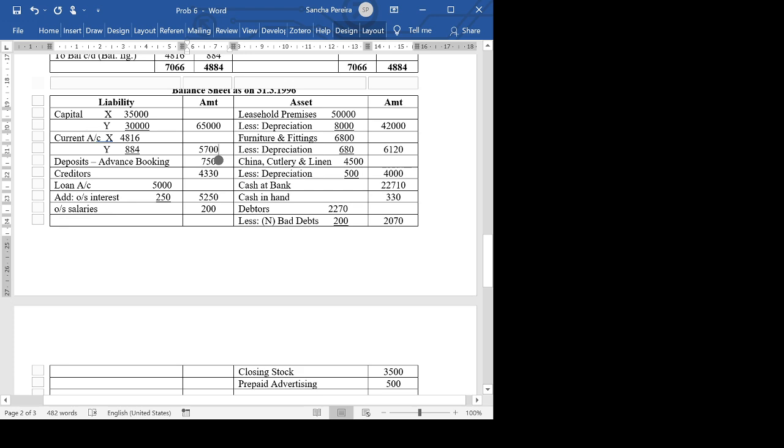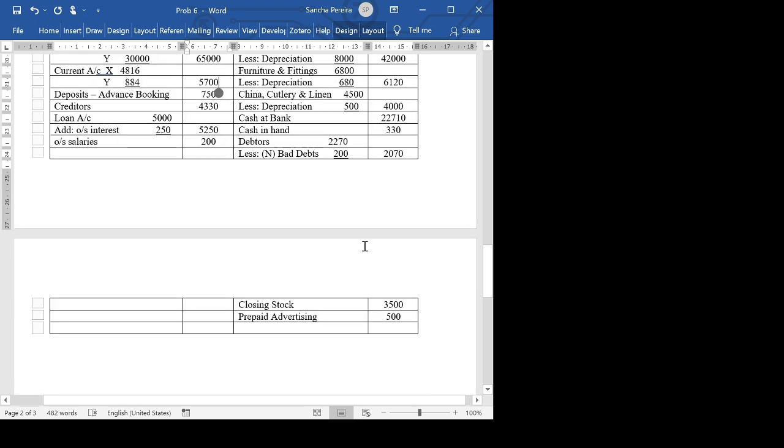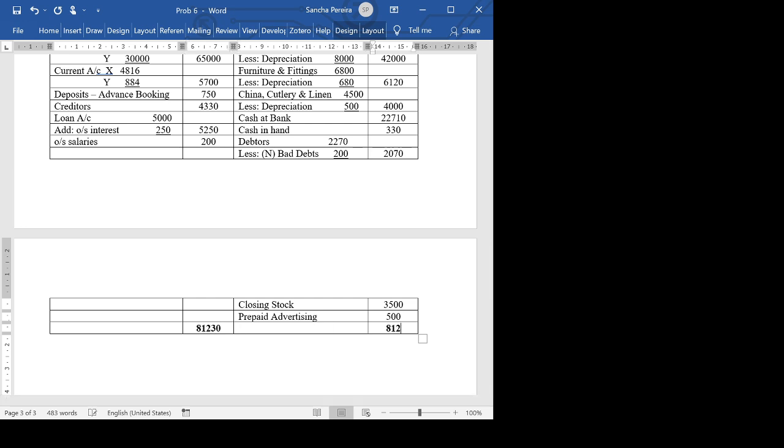And this will give our balance sheet total. The balance sheet total will be 81,230.